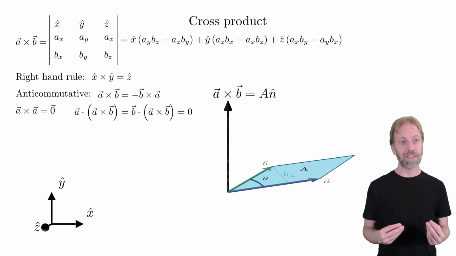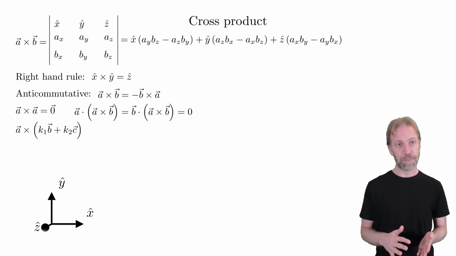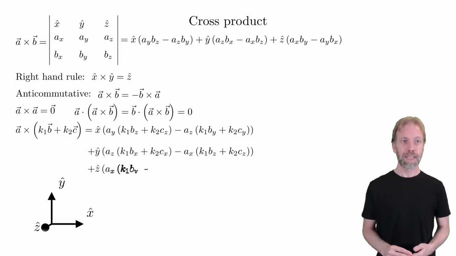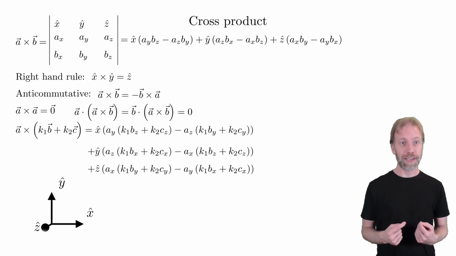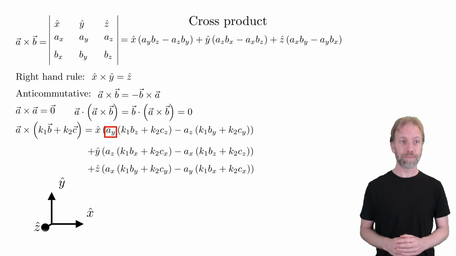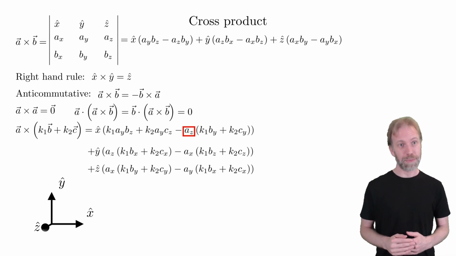Next up is to check our bilinear property. Start by taking A cross (K1 b plus K2 c). As each term is an ordinary scalar operation, we can distribute A, and repeat for the remaining 5 terms.